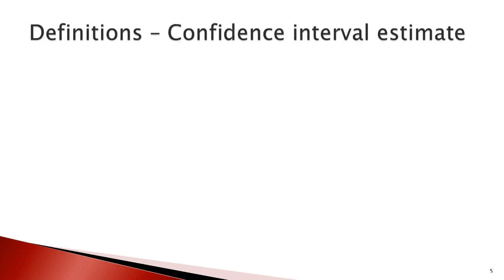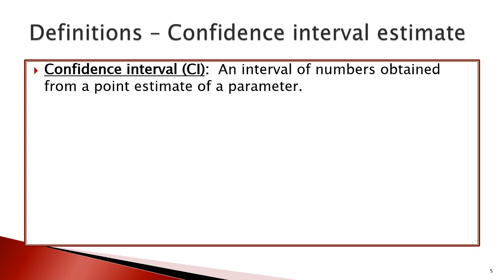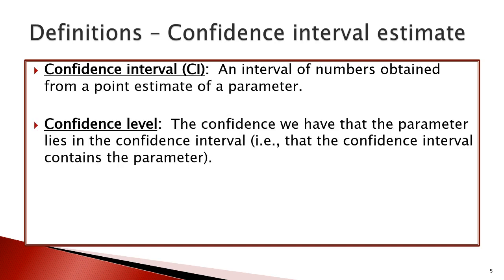Let's move to the next slide. The next method to get information about the population mean is the confidence interval estimate. Let's see its definition now. There are two important words: confidence interval and confidence level.